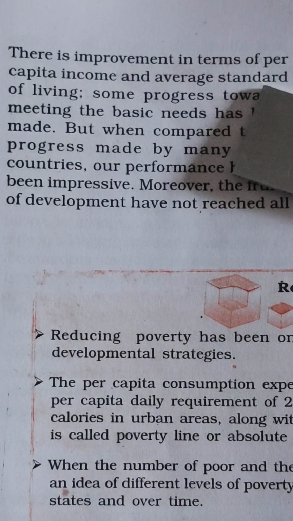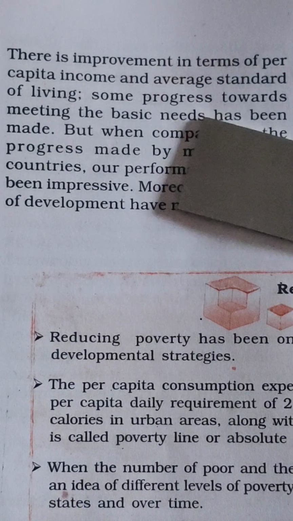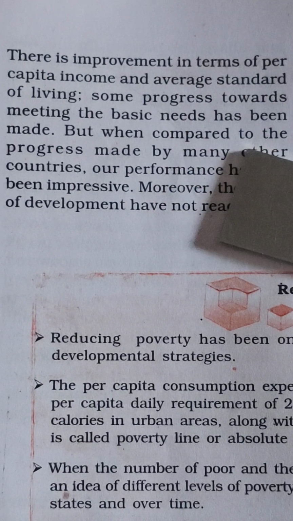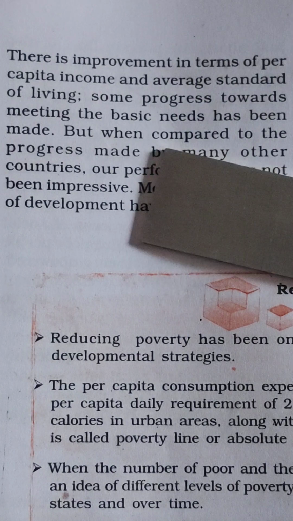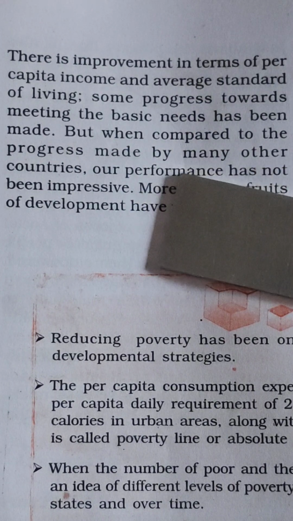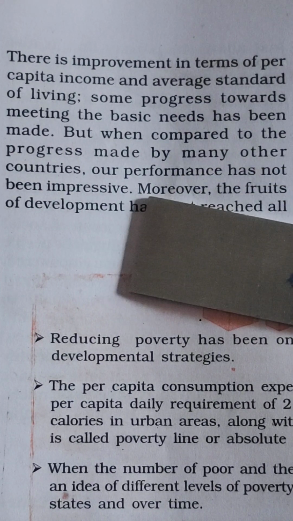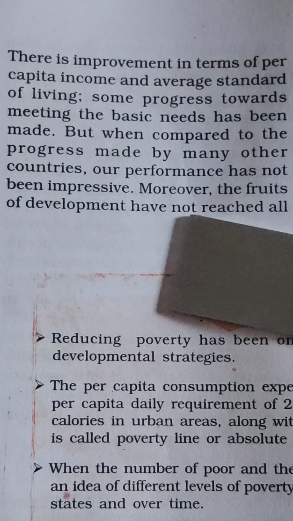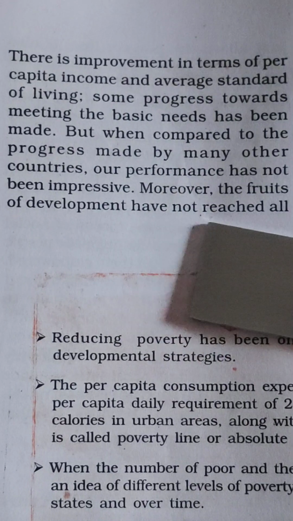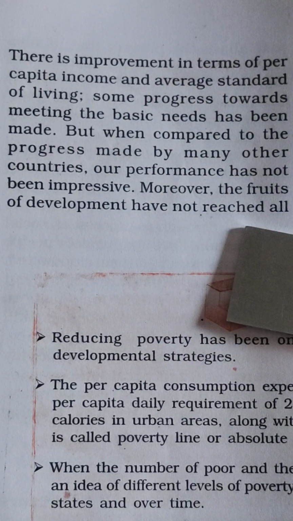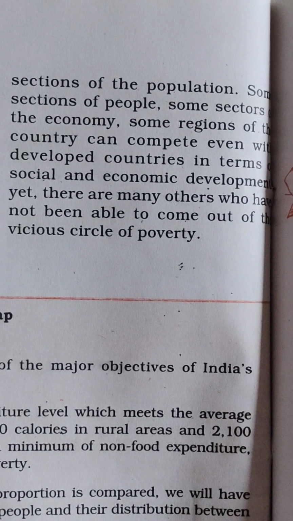There is improvement in terms of per capita income and average standard of living. Some progress towards meeting the basic needs has been made, but when compared to the progress made by many other countries, our performance has not been impressive. Moreover, the fruits of development have not reached all sections of the population.